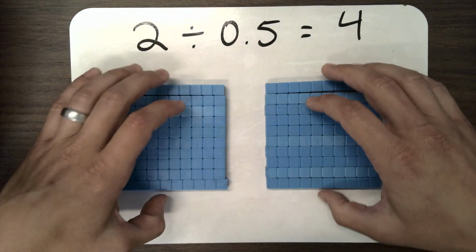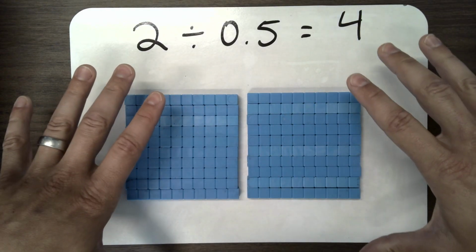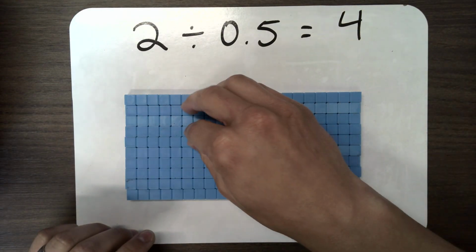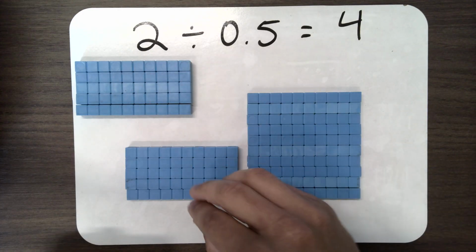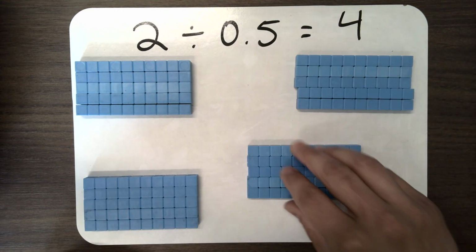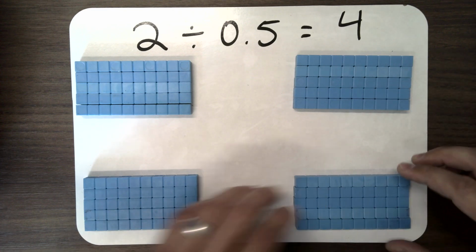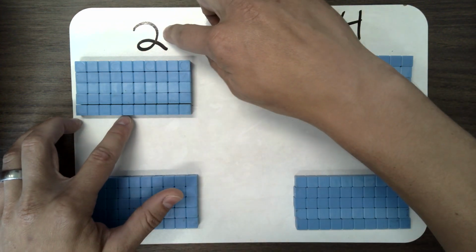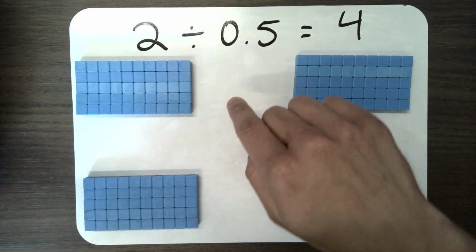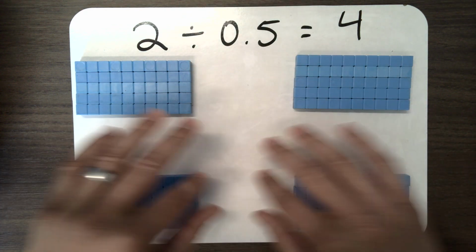We still have the 2, and I'll spread these groups out since I don't have a lot of room here. There's a group of 5/10, here's a group of 5/10, here's a group of 5/10, and there's a group of 5/10. Every piece in that original quantity of 2 has been divided into groups with a size of 5/10, so we don't have anything left to do.